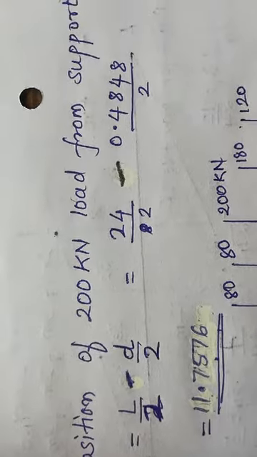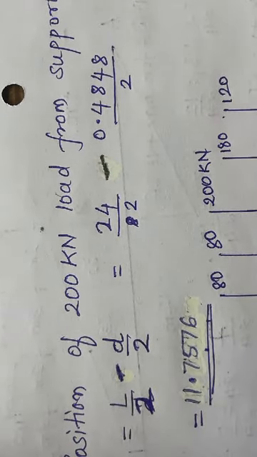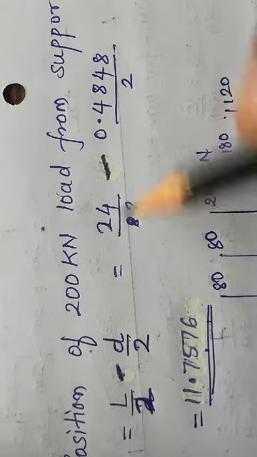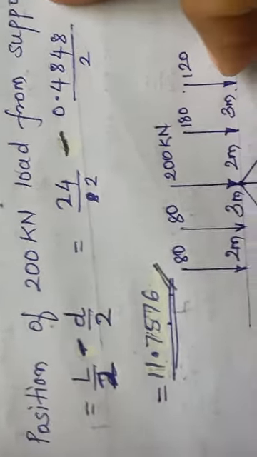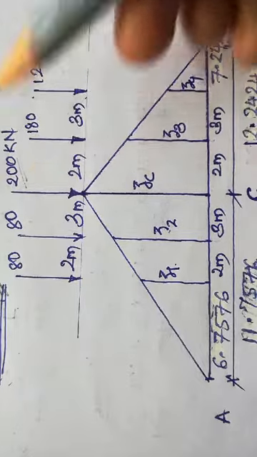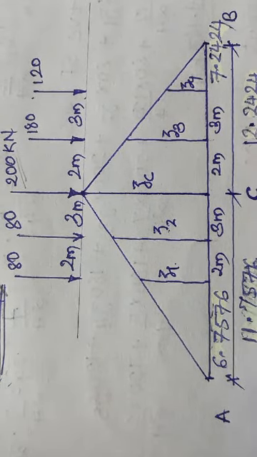The position of the 200 kilonewton load from support A is L by 2 minus D by 2, and you will get the answer as 11.7576. So we know that 200 kilonewton is the maximum load that occurs at this point.